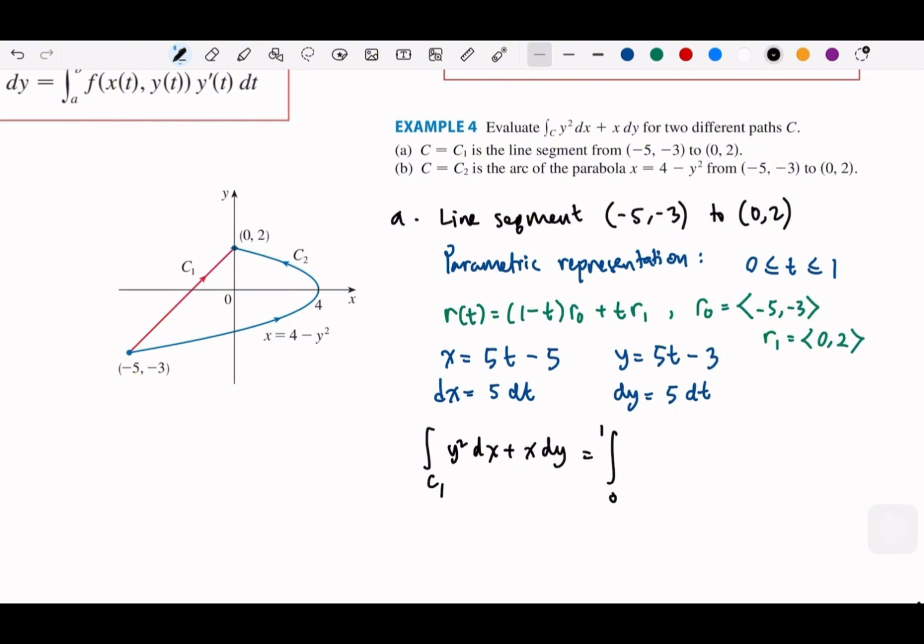This will be y squared, which is 5t minus 3 squared, times 5 dt, plus 5t minus 5, dt.